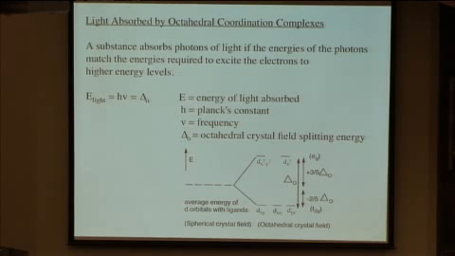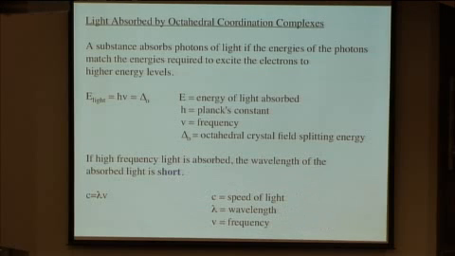Okay, so what does this mean in terms of the wavelengths of light absorbed by different coordination complexes? So we can think about that. So if you have high frequency of light absorbed, the wavelength of the absorbed light is going to be short. And we know that relationship.